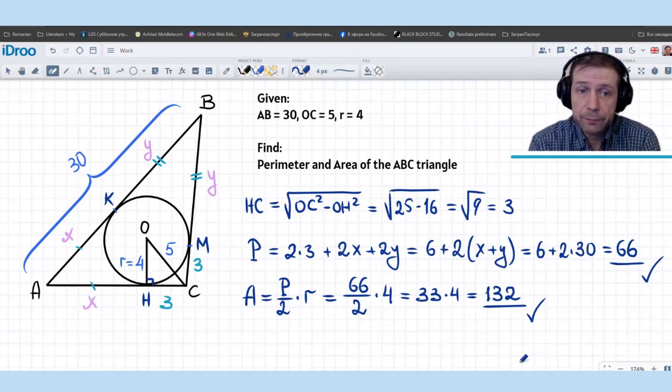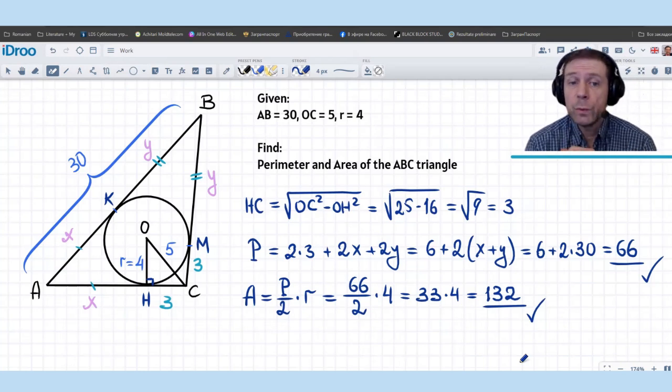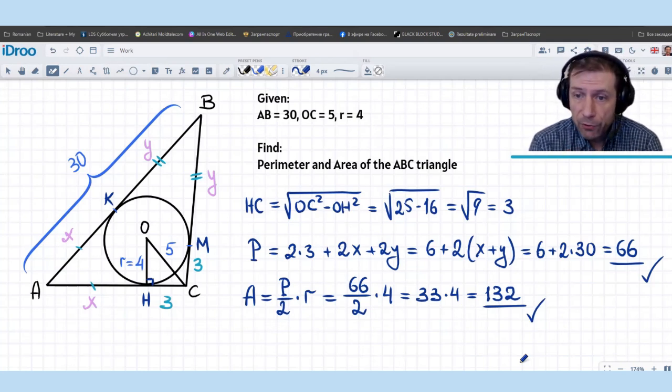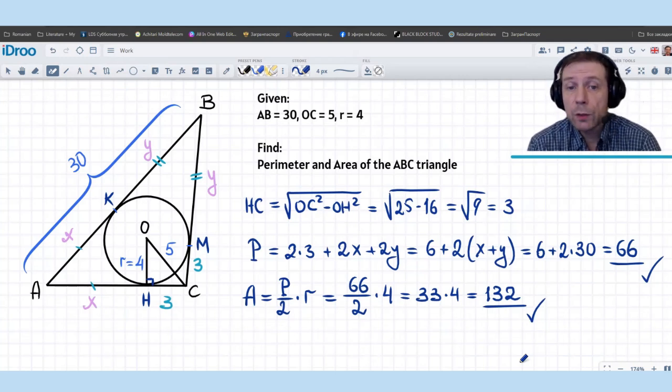That was good, but then we were lacking the lengths of the sides, but we had our theorem about the point outside of the circle, from where we draw our tangent lines, and the distances to the points of tangency would be congruent. Therefore, CH equals CM right away, and then AH equals AK, and so forth. And then just writing down the perimeter in a different way, we found it out.